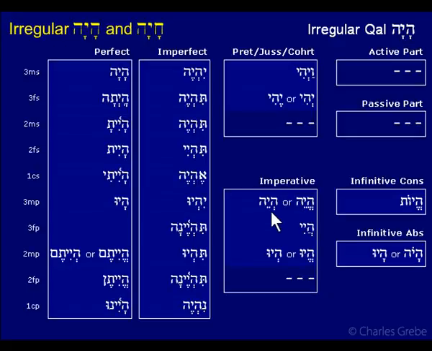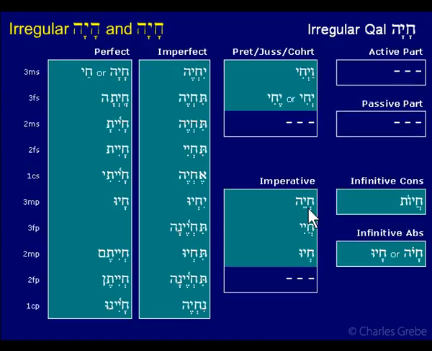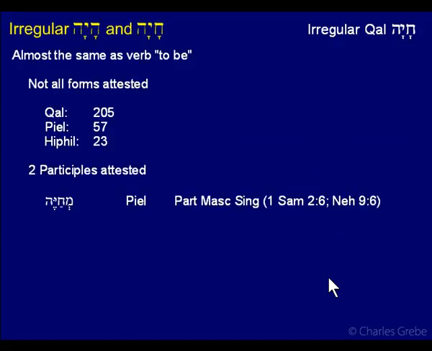I think we had a couple of forms for the imperatives, and we only have one here. There's not a lot of difference. In Ross, his paradigm in the text on page 269 has Haya right next to Chaya, so you can compare them all the way down the list. That's very handy. What I want to say about them is that they're almost the same as the verb to be.